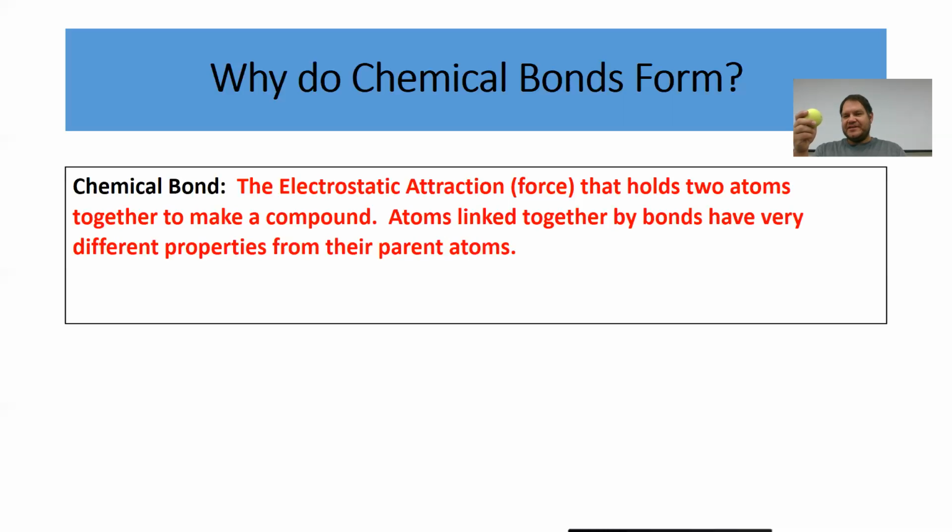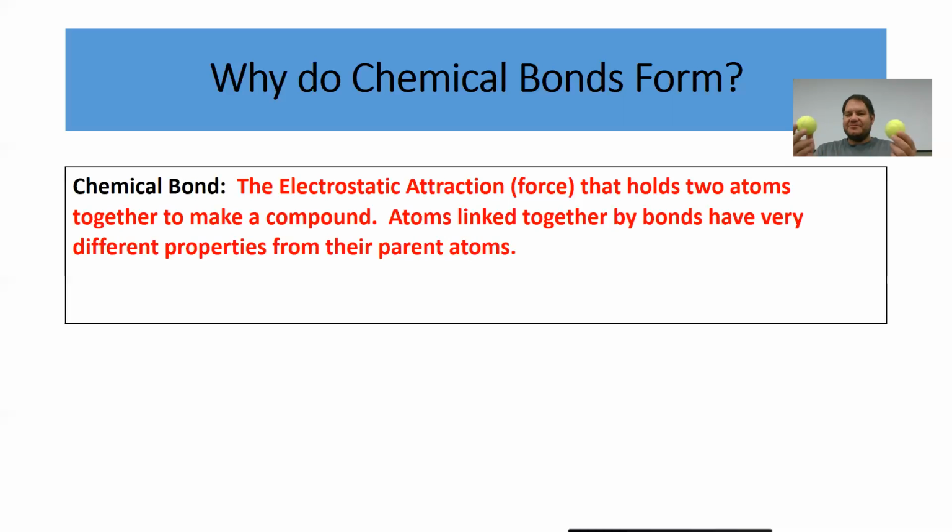But the interesting thing is that when these two elements, sodium and chlorine, come together to form an electrostatic attraction, or in other words, a chemical bond, they form a compound of sodium chloride or table salt. And with that resulting bond or compound, we form very different properties. Table salt you can consume, you can eat safely in a certain moderation, of course, and not worry about it being overly toxic or extremely reactive with water.